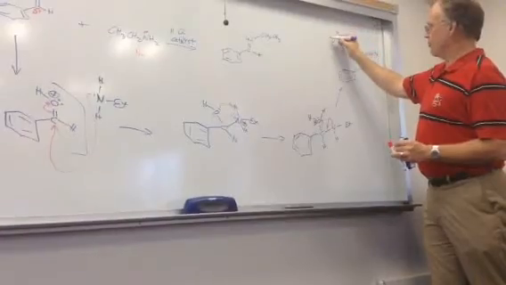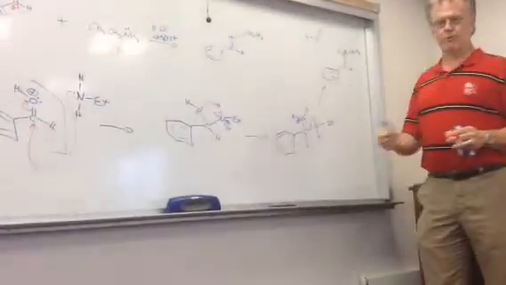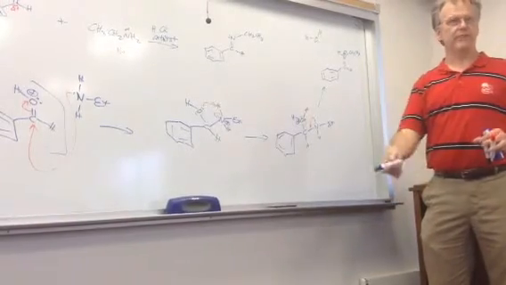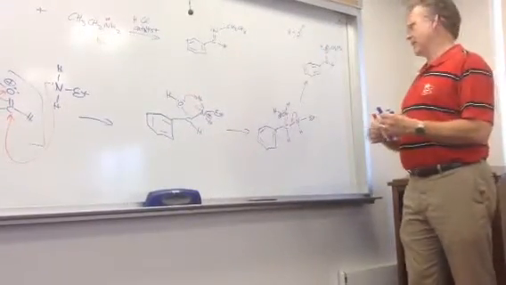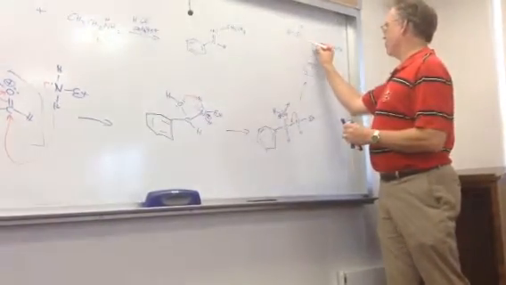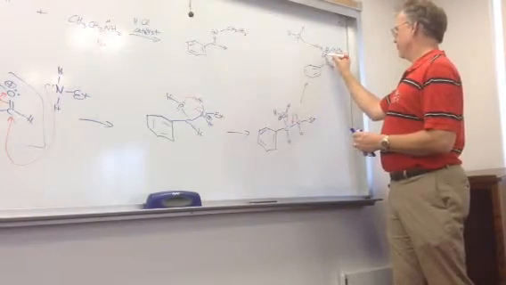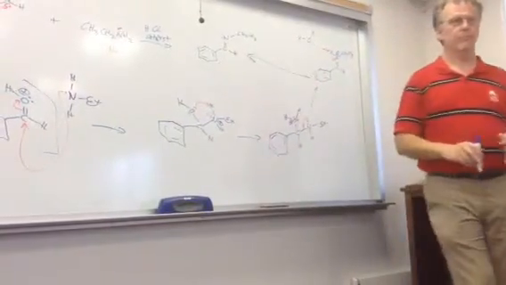Water is probably a more realistic base, because what happens when you put HCl into water? Well, the HCl gives up its proton to water, so it's a strong acid. So our water molecule comes in, pulls off the proton, and now we've formed an imine.